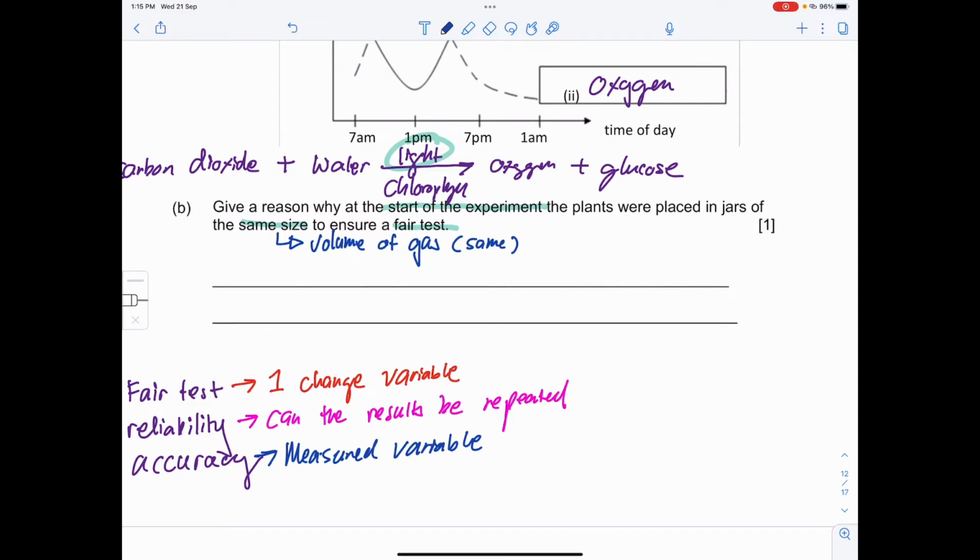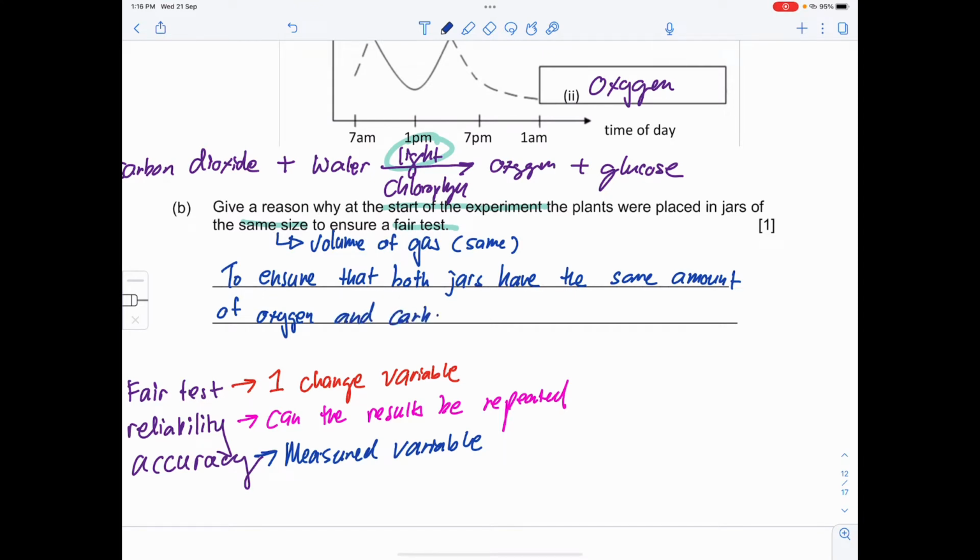Okay? Alright, so you need to say that this is to ensure that both jars have the same amount of oxygen and carbon dioxide at the start, because that will affect your results.